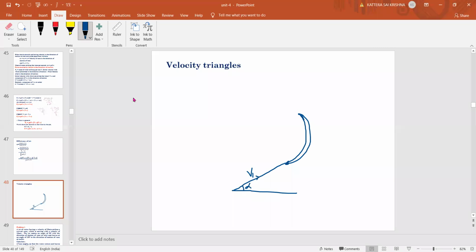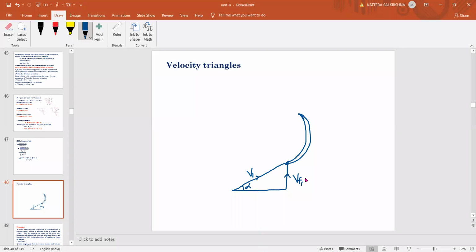Next we are going to draw the two components of v1, one in the vertical and one in the horizontal direction. This vertical component of v1 is called vf1, which is the flow velocity, the velocity of flow at inlet.